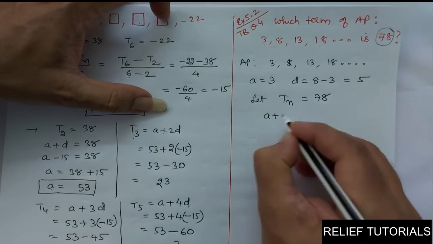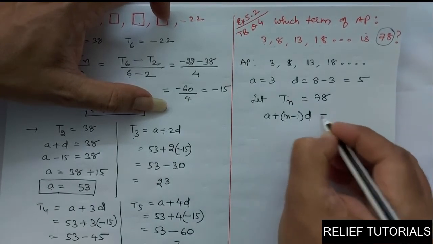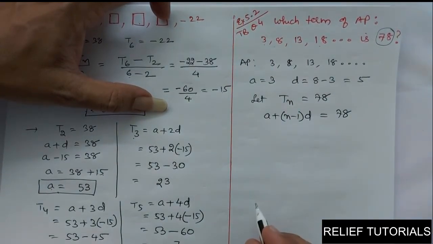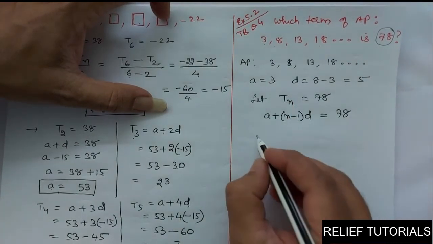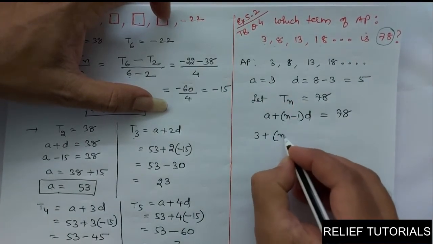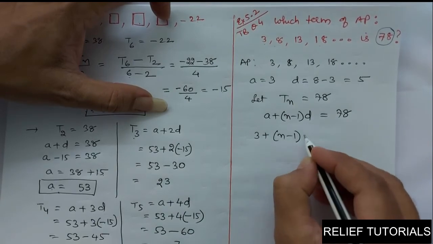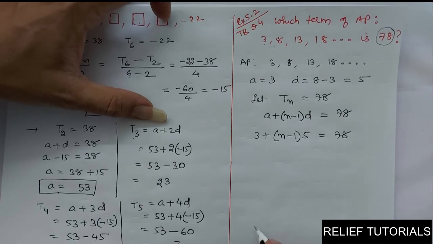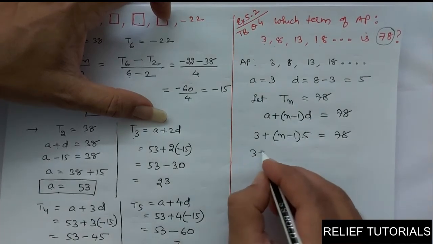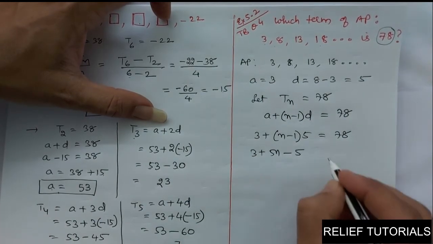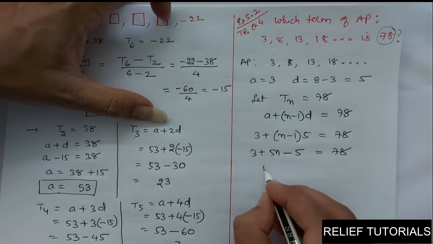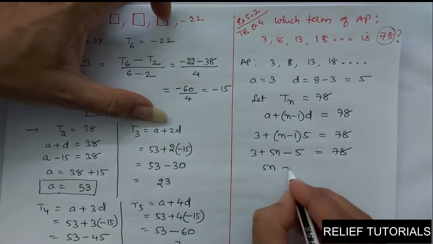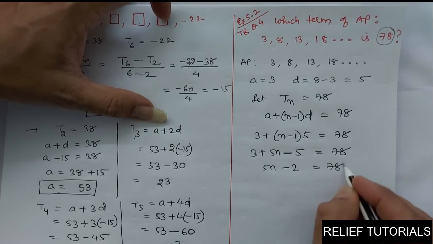And you know the formula of the nth term: A plus n minus 1 into D is equal to 78. So here we have to find n. A is 3, plus n minus 1 into the difference, which is 5, is equal to 78. Clear friends? So now 3 plus 5n minus 5 is equal to 78. So 5n, 3 minus 5 is minus 2, is equal to 78.